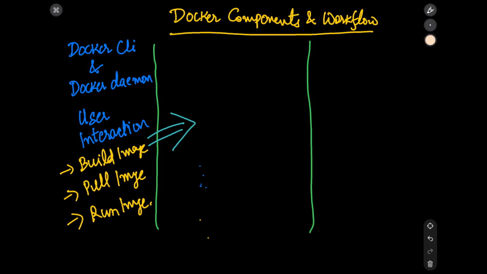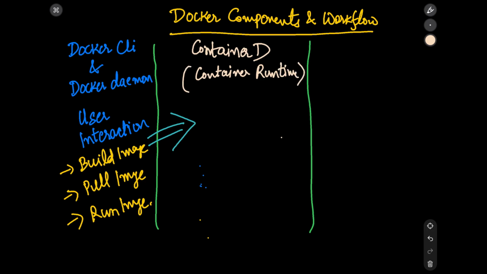Containerd is a tool which takes requests from the Docker CLI or Docker daemon, and then does lower level container lifecycle management, like pulling images from remote registries or taking requests for running containers. Containerd is another binary. We will have a look in the second half of this video at how this container runtime is installed.